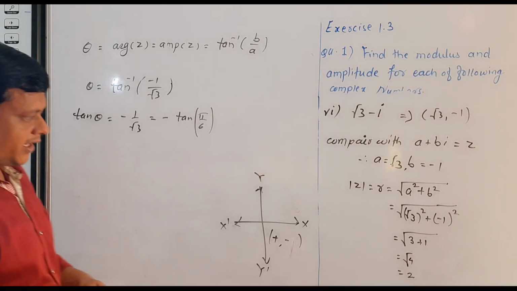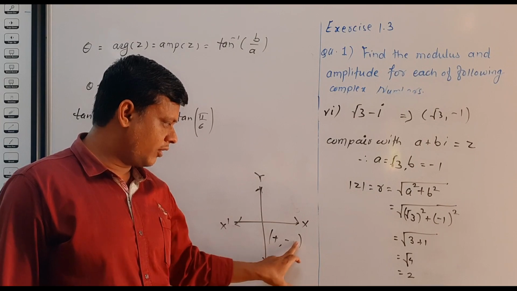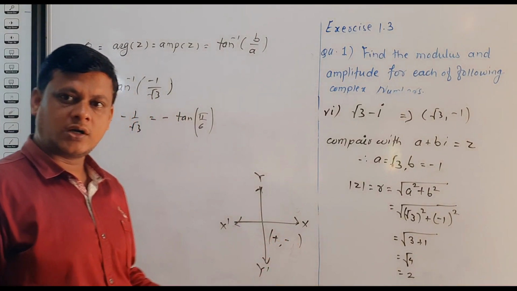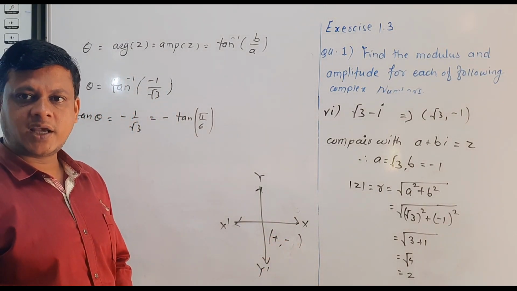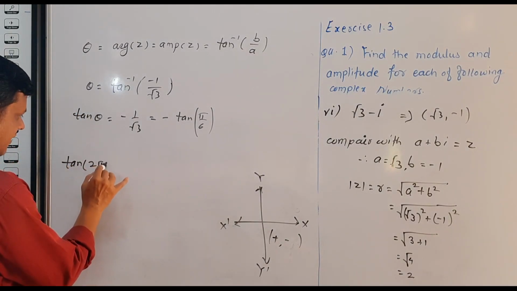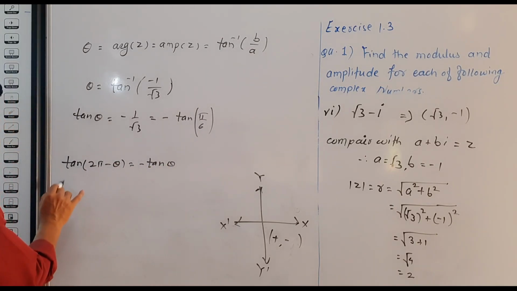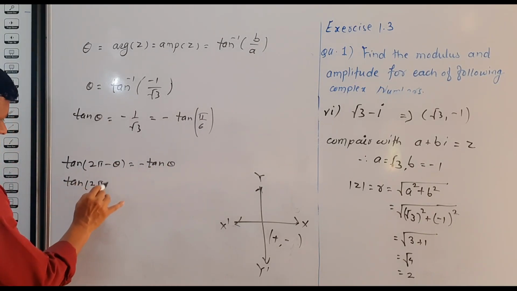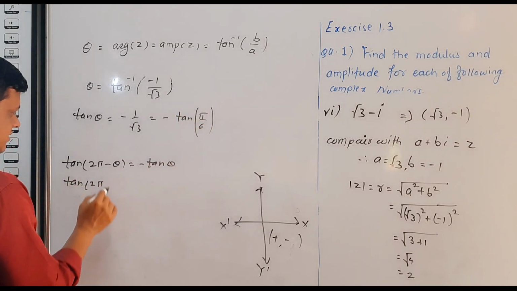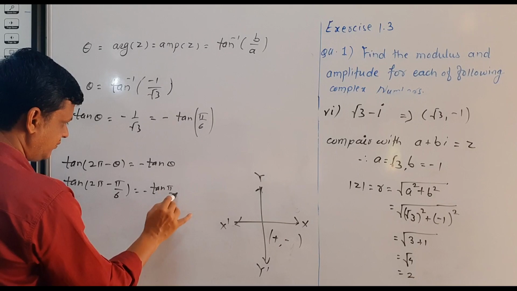Now we require the formula, or we require the angle from the fourth quadrant, and in the fourth quadrant we know that cos and sec are positive. So we write here the formula tan 2 pi minus theta is equal to minus tan theta. So substitute the value of theta as pi by 6.